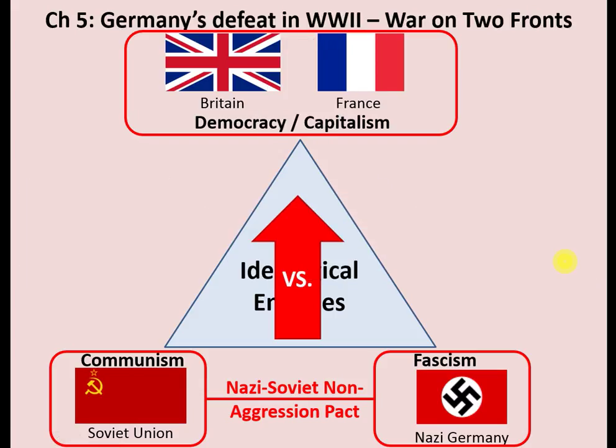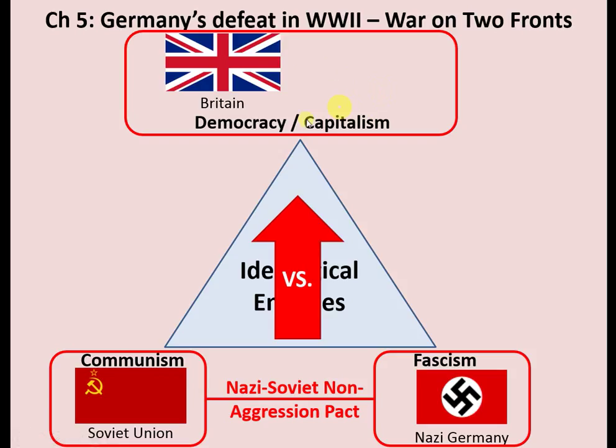So we fast forward a couple of years. As you recall from earlier on, there was a Nazi-Soviet non-aggression pact. What happened? France, within a couple of years, was basically defeated, so there was no more France in the picture, which left Britain alone as part of the Allies.